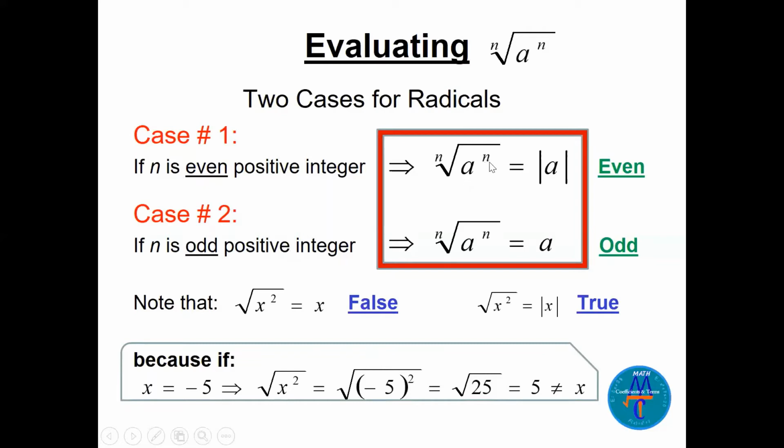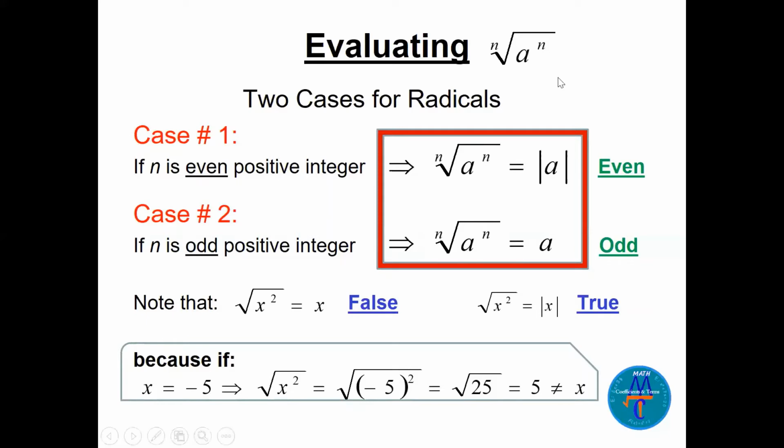So if the index is even, that means we have to put absolute value because this radical should be positive. If the index is odd, this n will be 3, 5, 7, an odd number, and the answer is a only. Nth root of a to the power n is equal to a. Here a can be positive or negative.